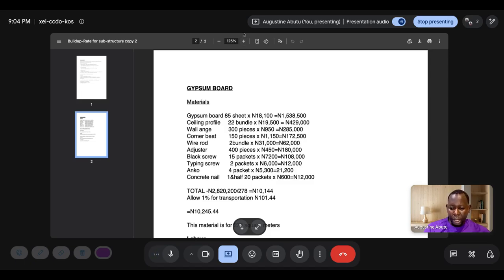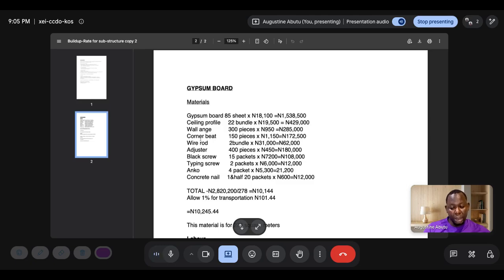Okay, and here we have the gypsum board itself, and then per sheet of the board costs 18,100. We have ceiling profile, because ceiling profiles would be needed. Wall angle would be needed.